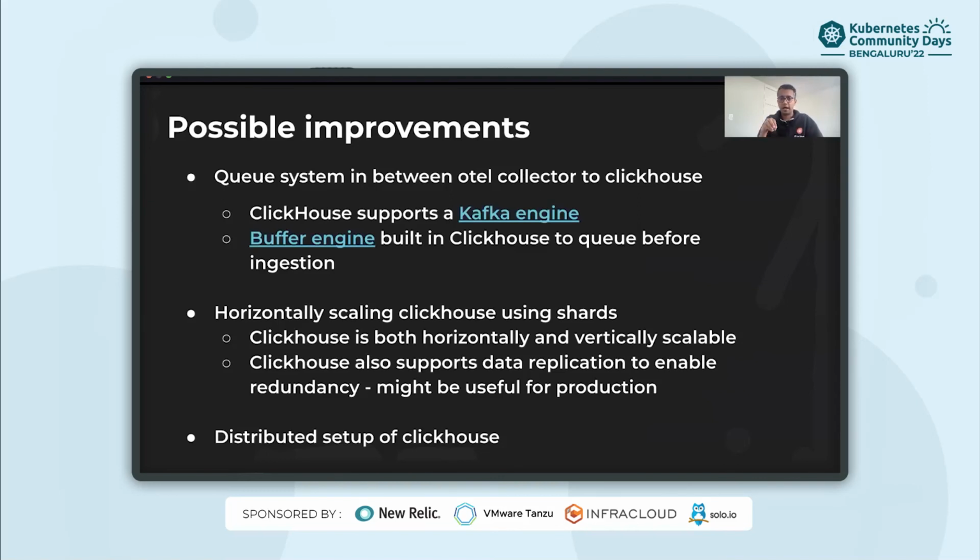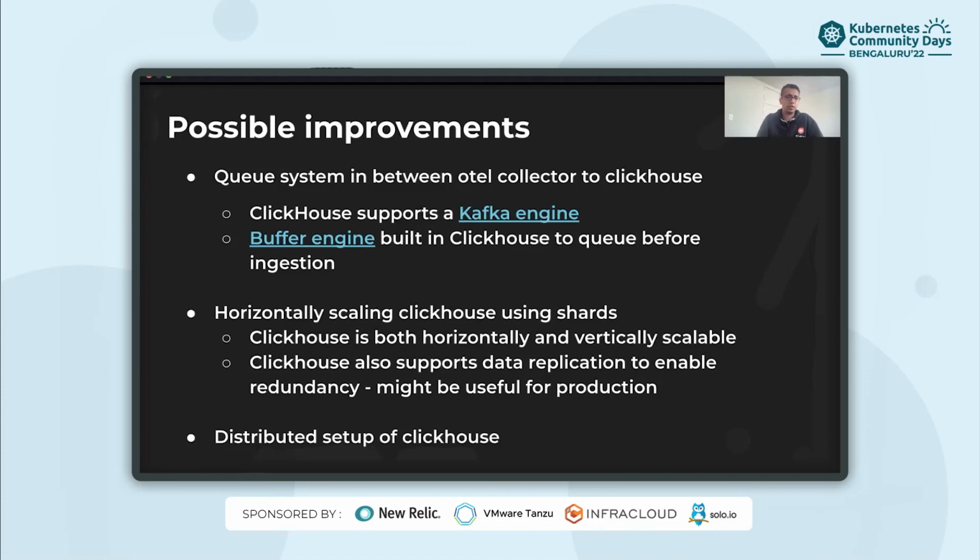If you want better performance, ClickHouse is both horizontally and vertically scalable. You can scale ClickHouse horizontally using shards. You can also set up data replication to enable redundancy. This might be useful for production, but for our case, we were just testing the load limits, so we didn't really get into these things, but it might be a useful exercise if you want to run this in production, right?